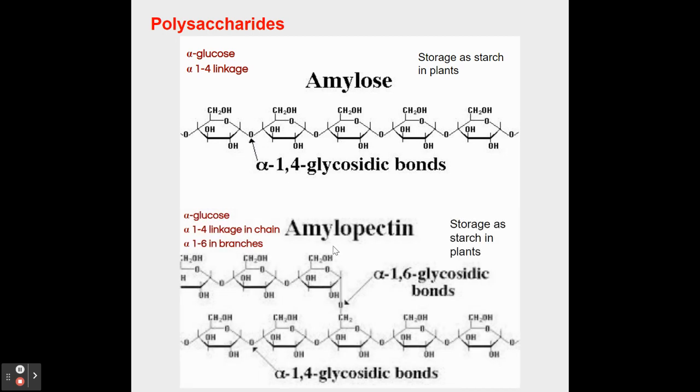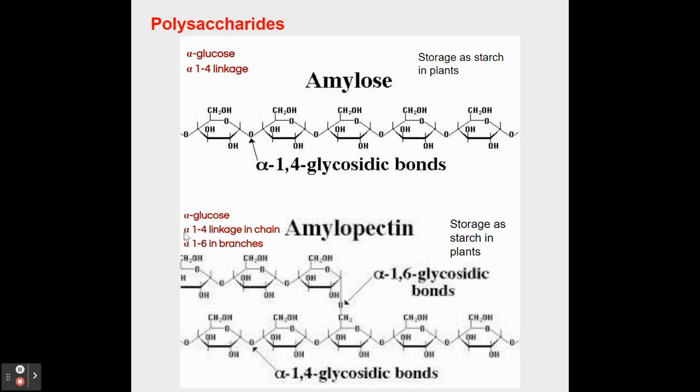We also have amylopectin. Amylopectin is also made up of alpha glucose molecules. It has an alpha 1,4 linkage in a chain, so similar to amylose, it has the 1 to 4 linkage and it forms a chain. However, amylopectin can actually form a 1,6 branch as well. You get a 1,6 glycosidic bond, where the oxygen on carbon 1 interacts with carbon 6 in this polysaccharide.